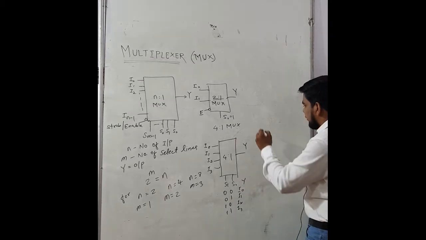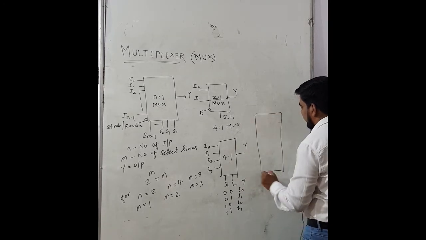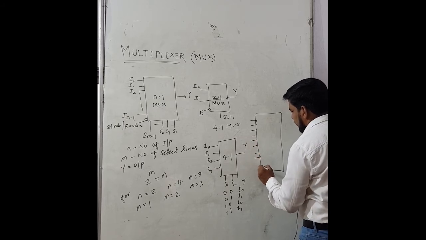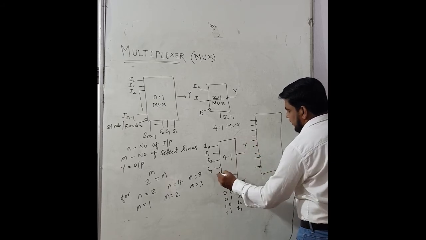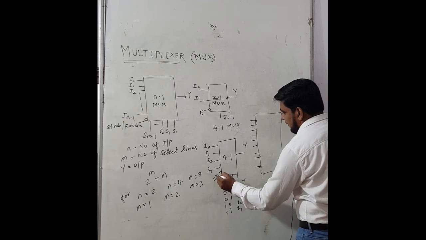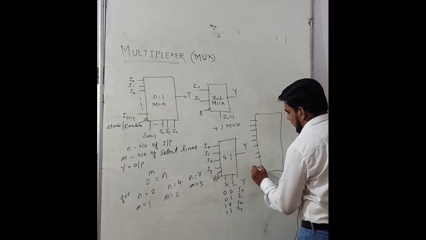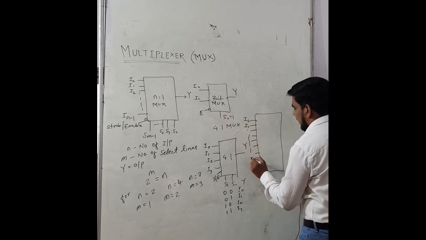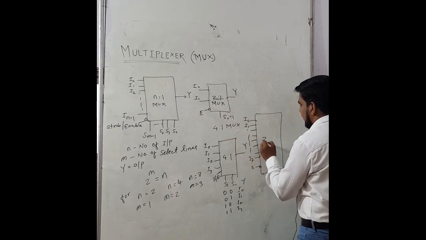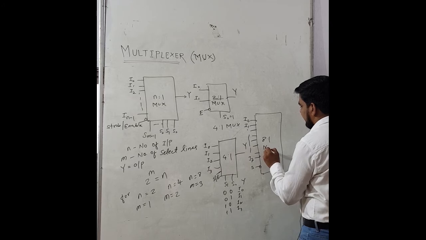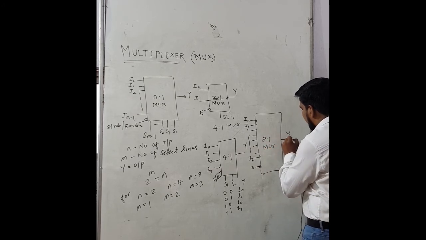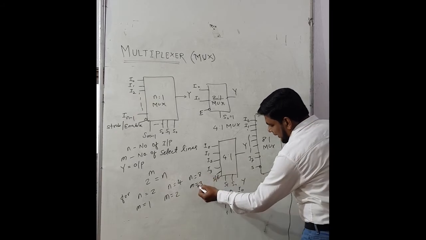Again, we can design an 8:1 multiplexer. Tell me how many inputs? 8 inputs, starting from I0, I1 up to I7, and one strobe or enable. So the 8:1 mux has 8 inputs, 1 output, and how many select lines?